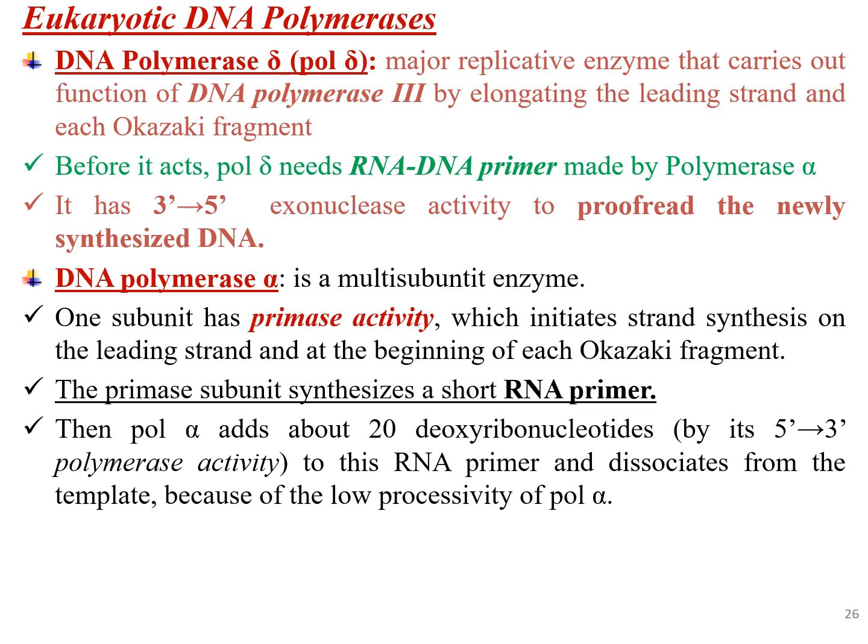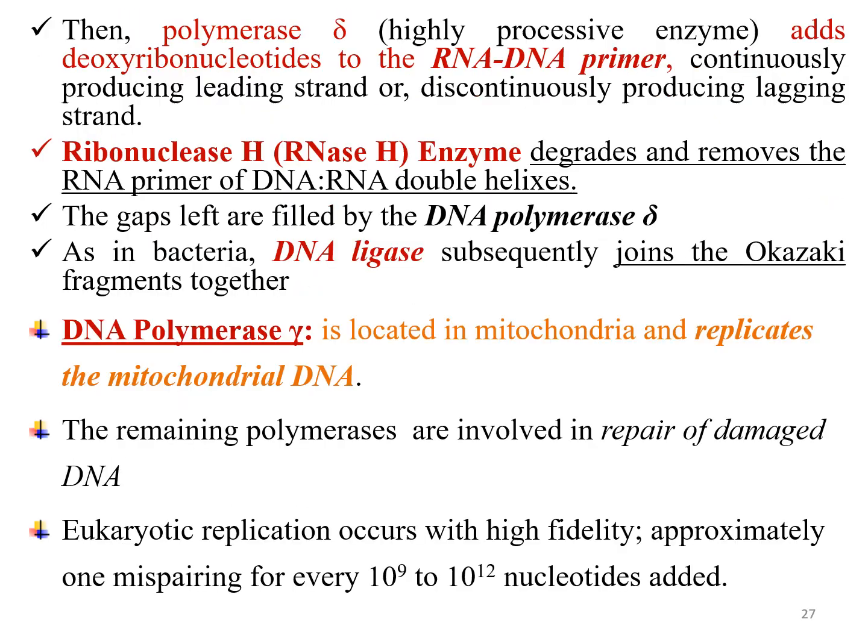The primase subunit synthesizes a short RNA primer, and then pol alpha adds about 20 deoxyribonucleotides by its 5 to 3 polymerase activity to this RNA primer and dissociates from the template because of the low processivity of pol alpha. The processivity of pol alpha is very low, but the processivity of DNA polymerase delta is very high, as with DNA polymerase 3.